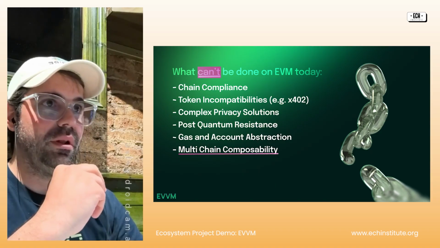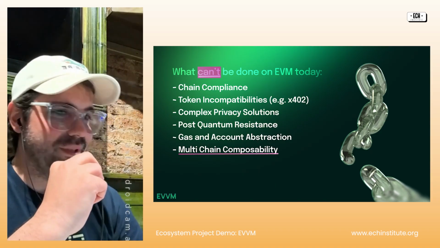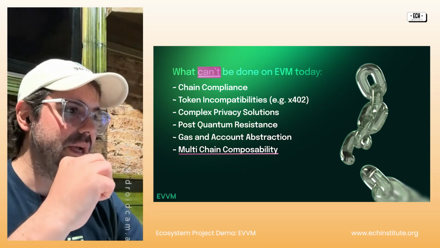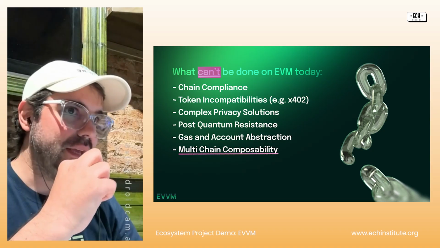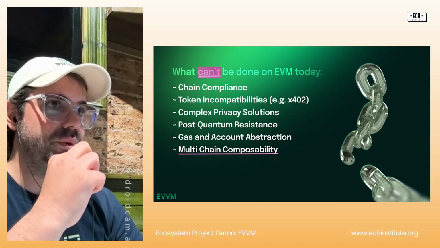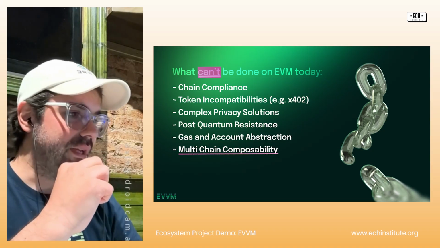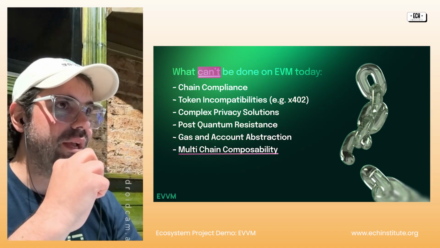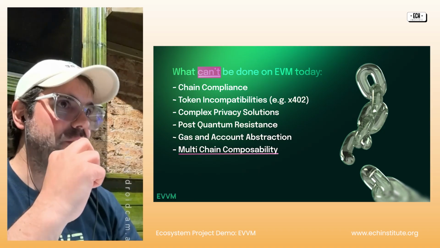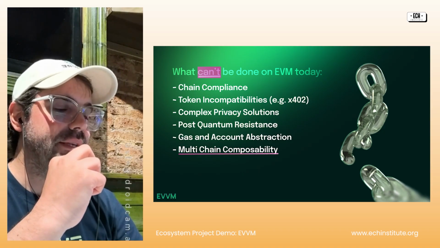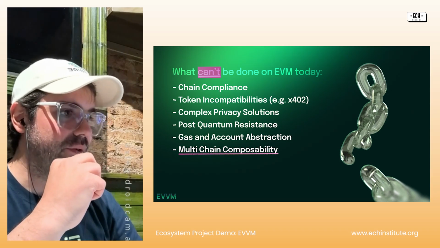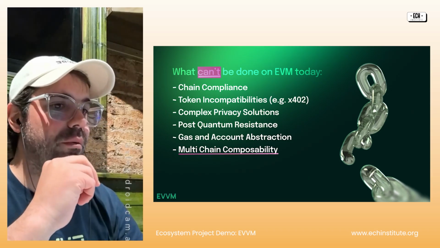For example, Circle is compliant with USDC in their way, so they can do blacklisting and they can freeze some accounts, USDT as well, but the whole chain itself is not compliant. What we can do with the EVVM, that we will look at later, is make a part of the chain compliant.